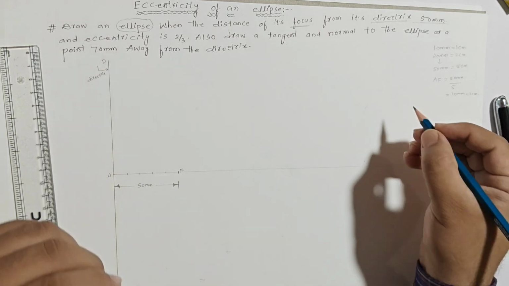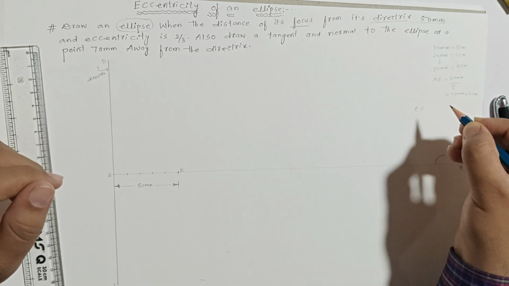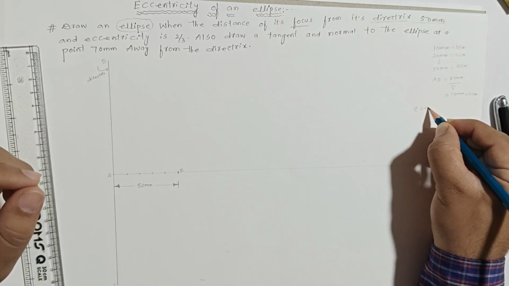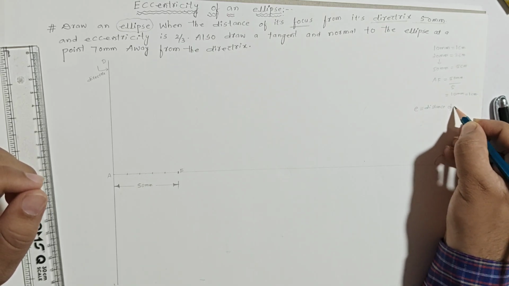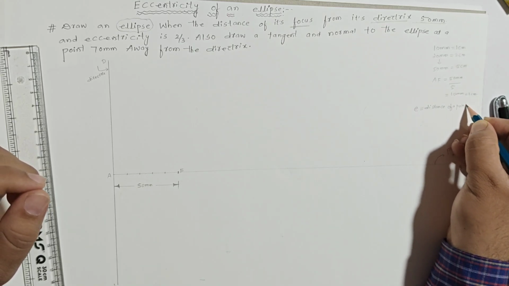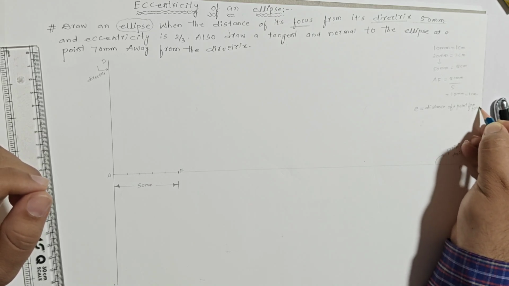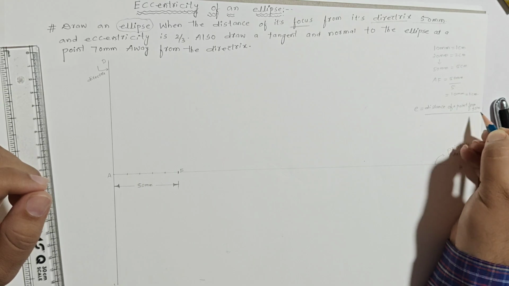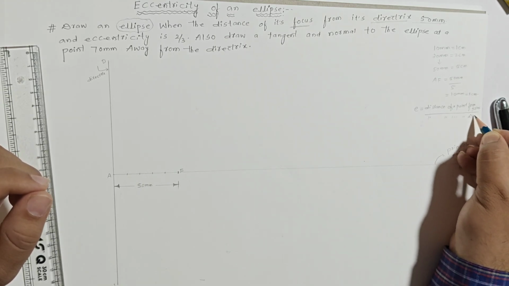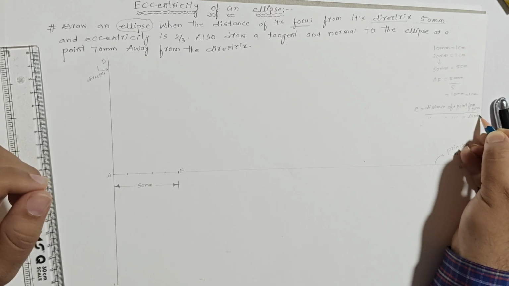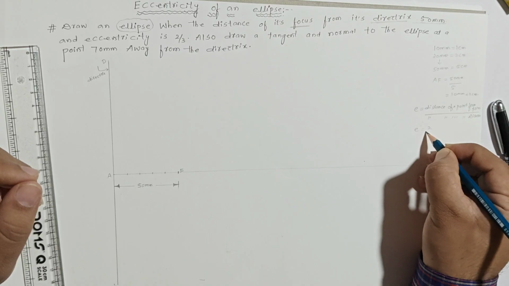We know the formula of eccentricity equal to the ratio of distance of a point from the focus by distance of a point from its directrix. The ratio is already given, 2 by 3. Just we have to write 2 by 3.